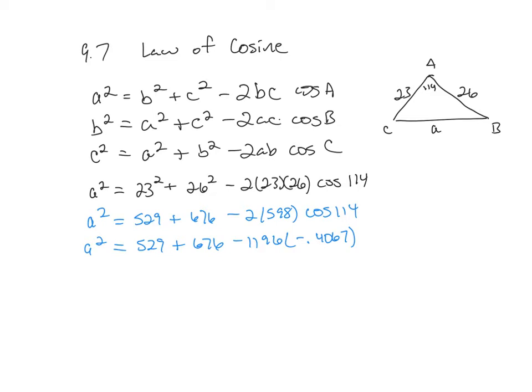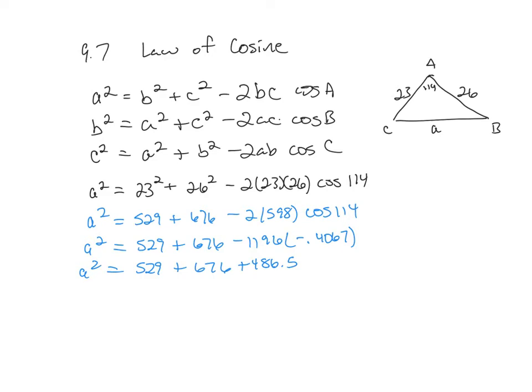Okay, so for our order of operations here, this is a multiply thing over here with this decimal, so I need to multiply that. And I also need to recognize that I'm doing a negative times a negative. So negative 1196 times negative 0.4067, and I'll get 486.5 if I round it off.